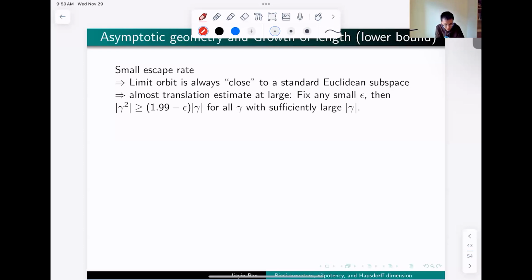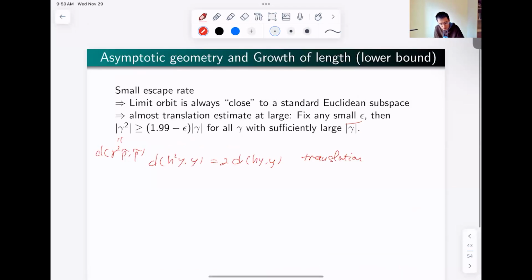Translation means d(h squared y) is twice d(h y), right? If your h acts as a translation at y. So then you can get almost translation on your manifold at a large scale. If you fix a very small epsilon, then gamma squared, which is basically how your gamma moves, will be very close to twice gamma, for sufficiently large gamma.